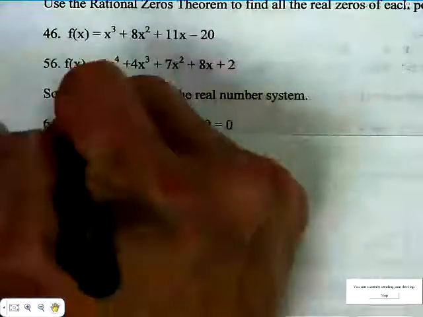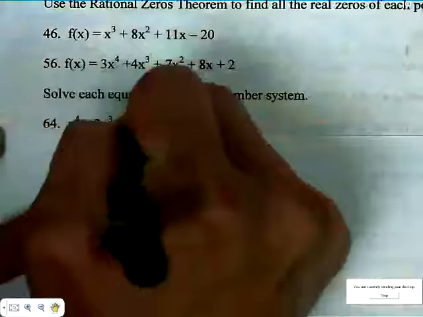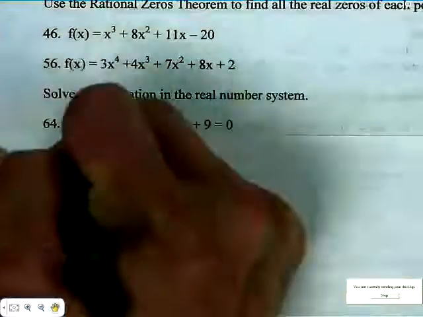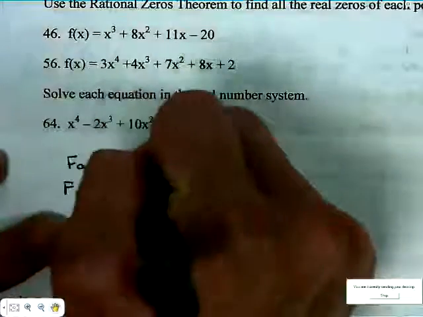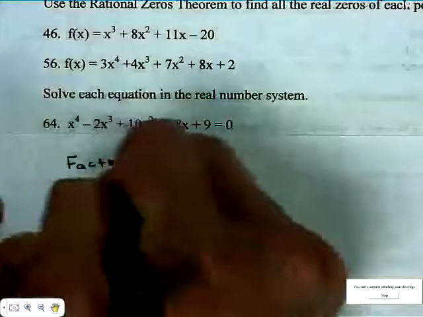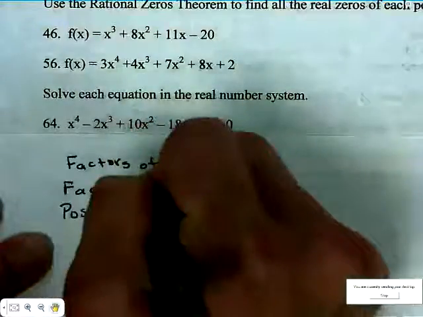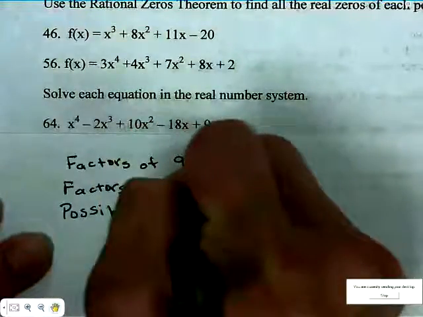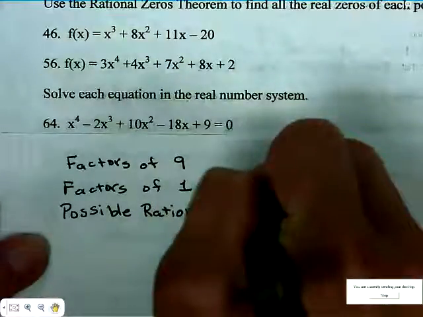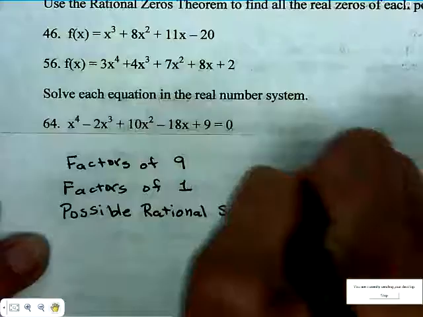List the factors of the constant, factors of the leading coefficient, and then my possible rational, instead of zeros, since this is an equation, I'm going to say possible rational solutions, but that's a technicality.